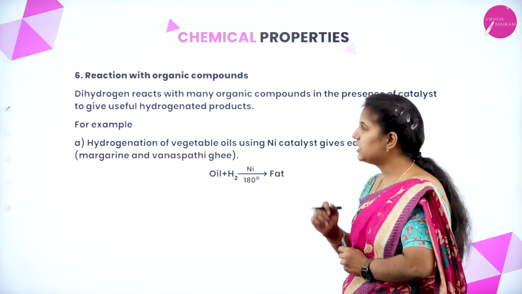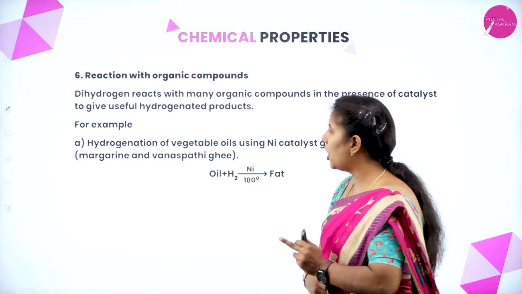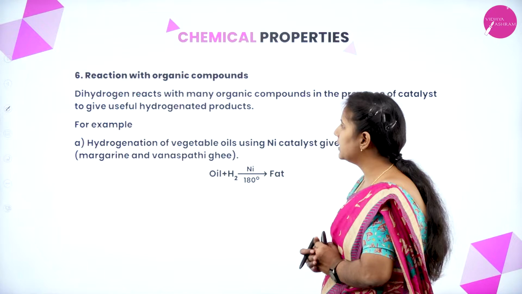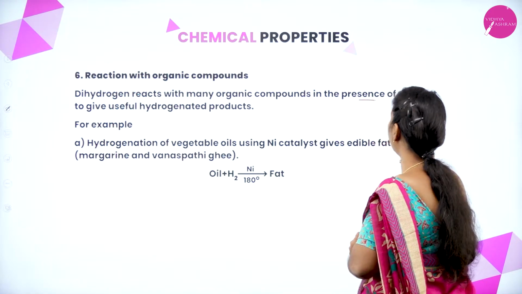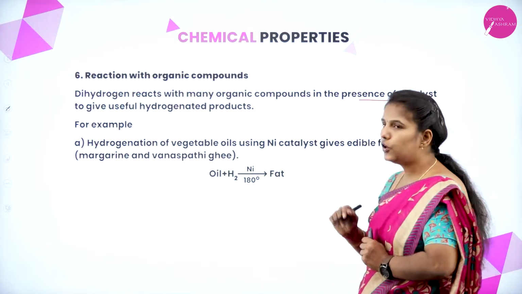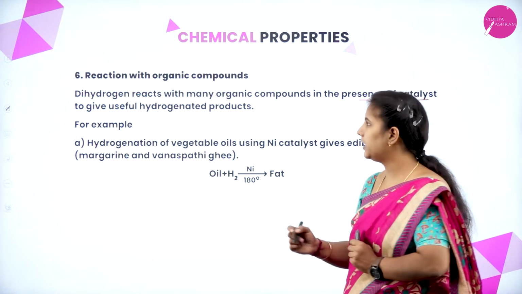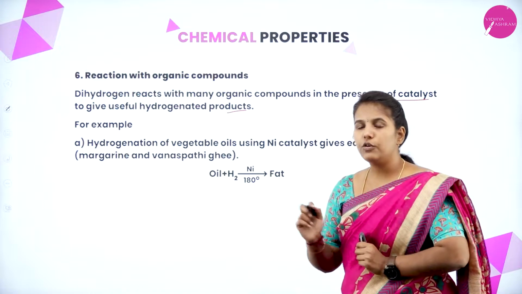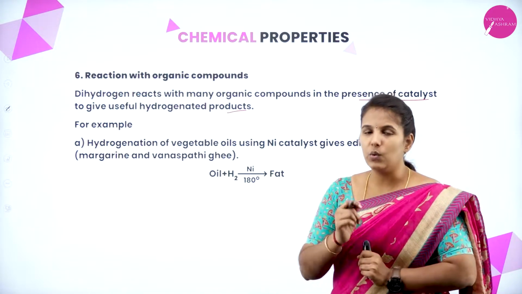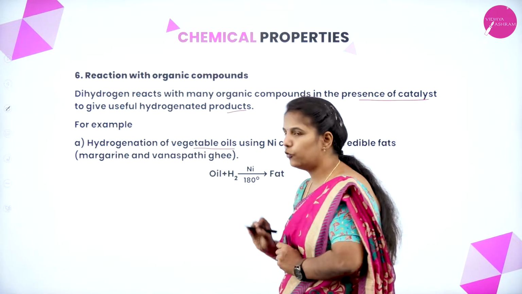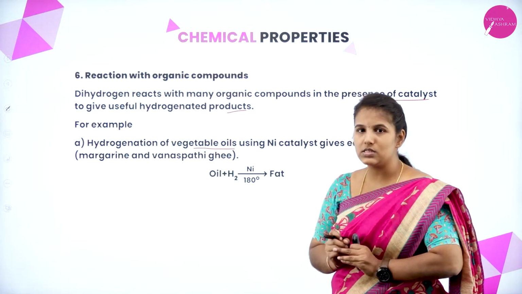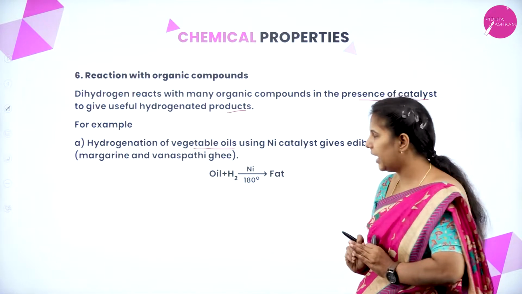Next is reaction with organic compounds. Dihydrogen can react with many organic compounds in presence of a catalyst to give a hydrogenated product. For this, I have used one example, the hydrogenation of vegetable oil in presence of nickel as a catalyst.